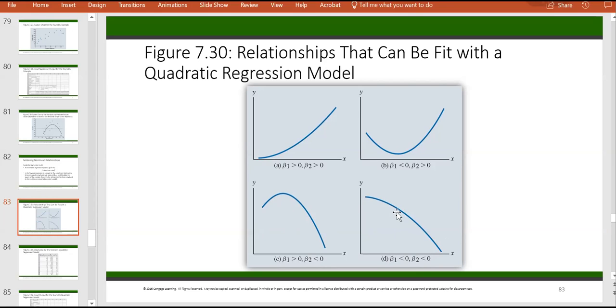So example of this one would be the distance that people can run in 10 minutes.